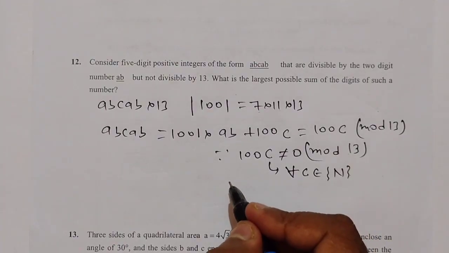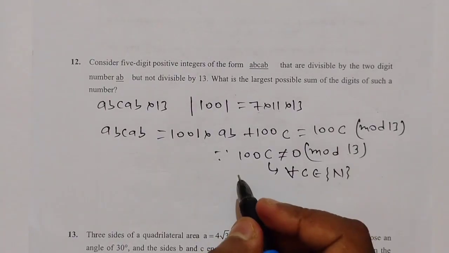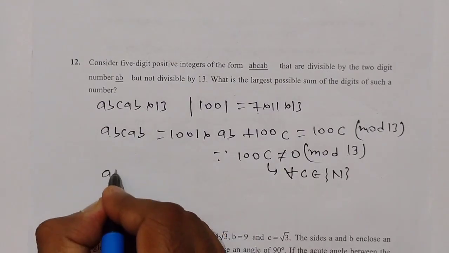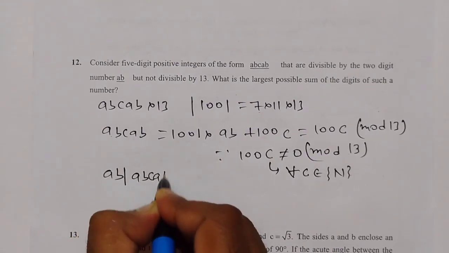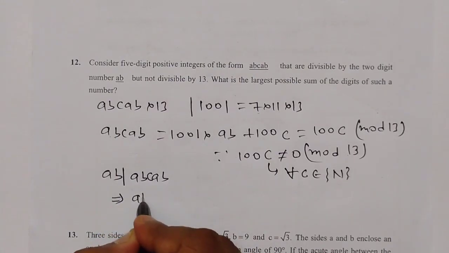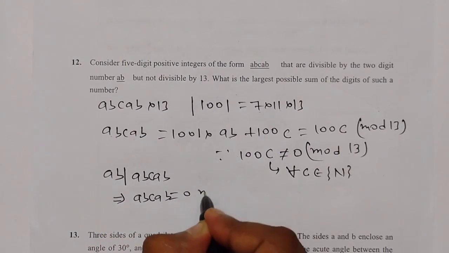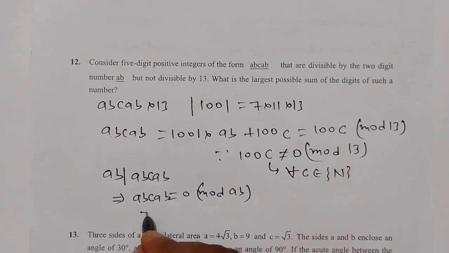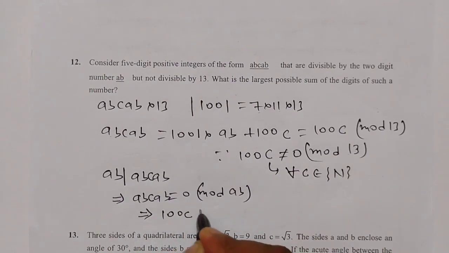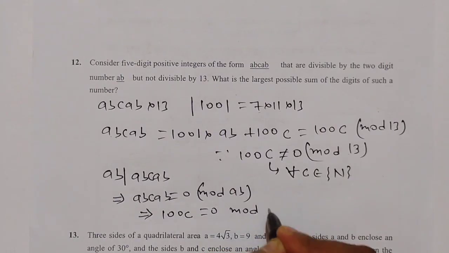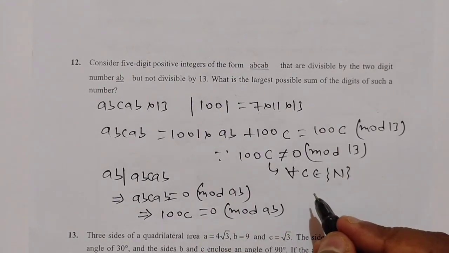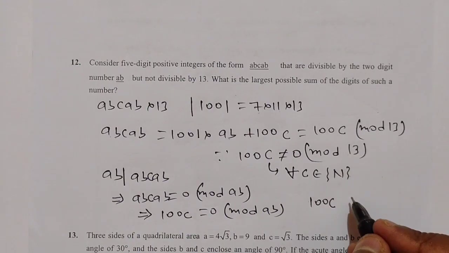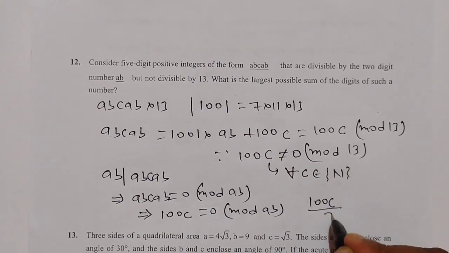And now here, if we use AB and ABCAB as divisor and dividend, AB divides ABCAB, then this will imply ABCAB equals 0 mod AB, and also this will imply 100C is equal to 0 mod AB, and the two-digit factors of 100C with the highest digit sum will be 75.